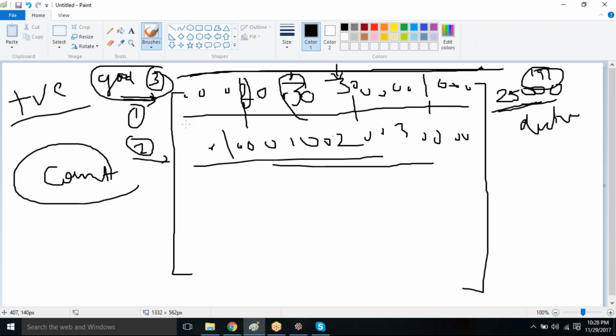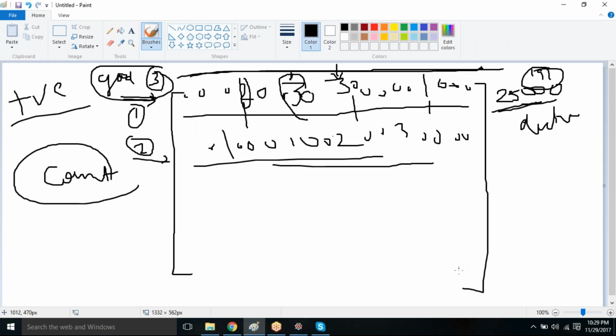In just one file, because you are making only one vector out of it. Like that you have to make 1,000 vectors for positive, and the same for negative also. So this is 25,000 into 1,000 vectors.